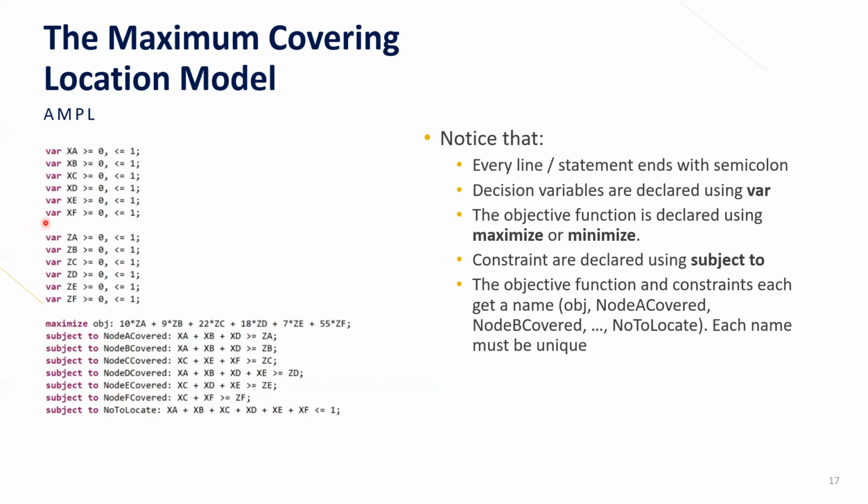And the objective function is declared whether it's maximize or minimize, and then there is the name of the objective variable and then how to calculate the objective function. And the constraint is declared using subject to here. Okay, subject to. And each constraint will get a name, node A, node B, node C, node D, node E, and number to locate.